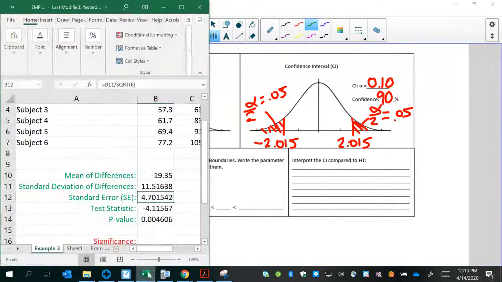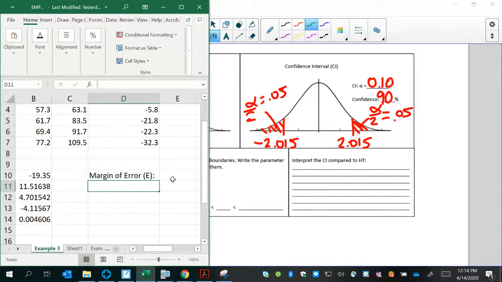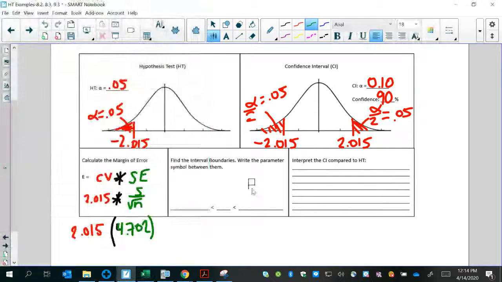Okay, so that makes our margin of error, that's E. Now, let me double check to make sure.